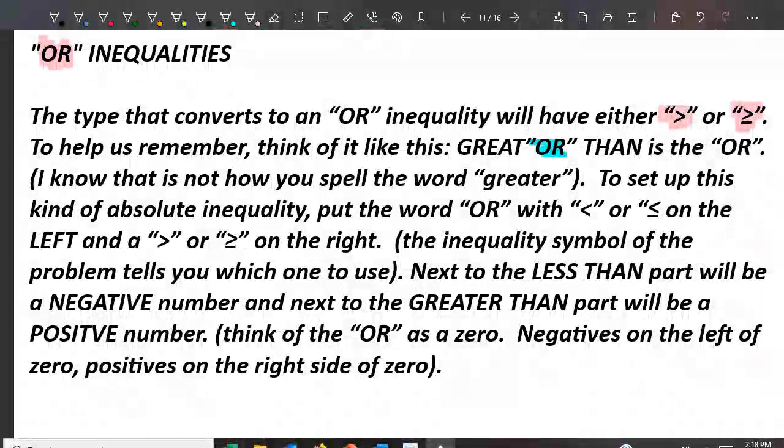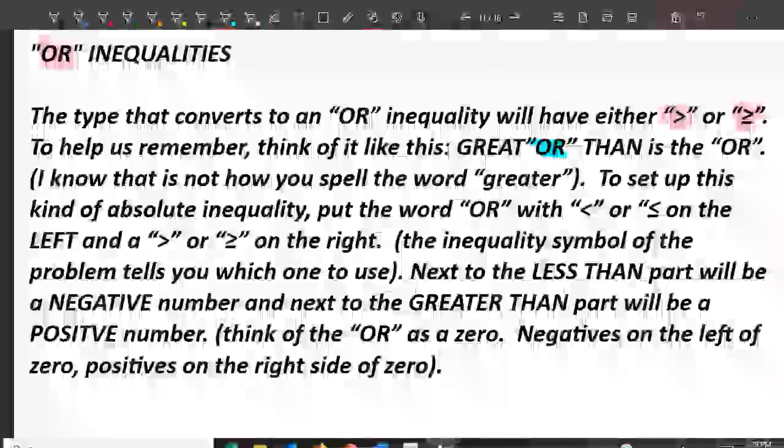Now, when we're setting up the or problem, we're going to have the word or in the middle, a less than on the left and a greater than on the right. How can I remember that? Well, less than and left both start with L. Left is less than. The right has to be the greater than. We only have two choices.